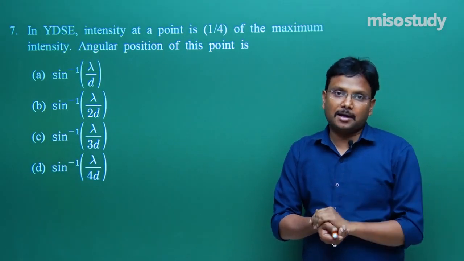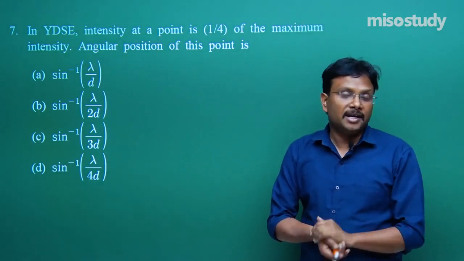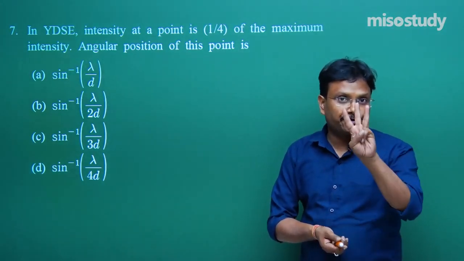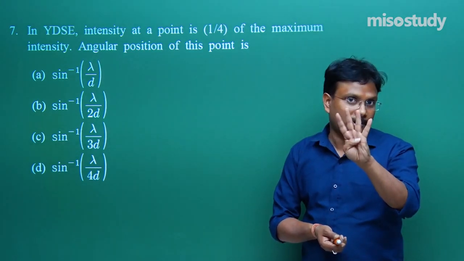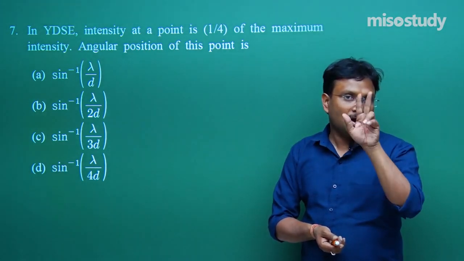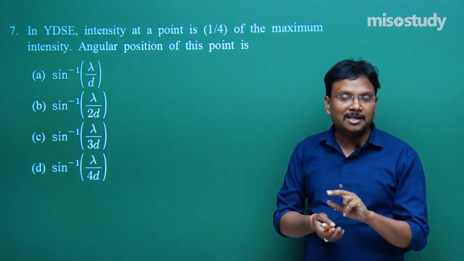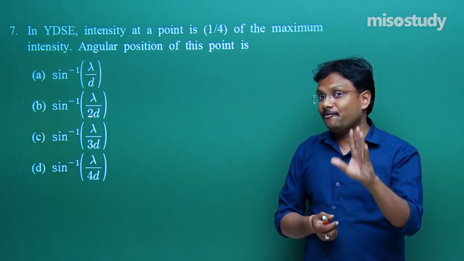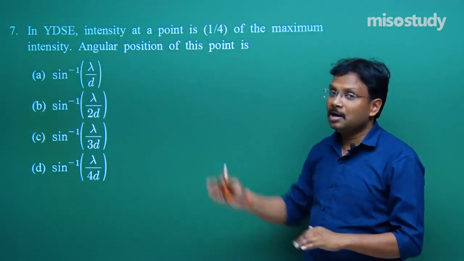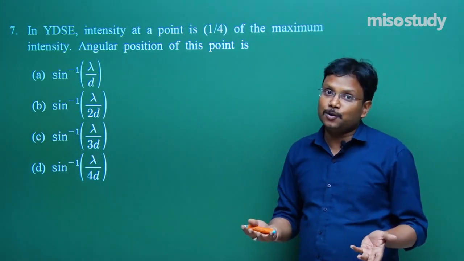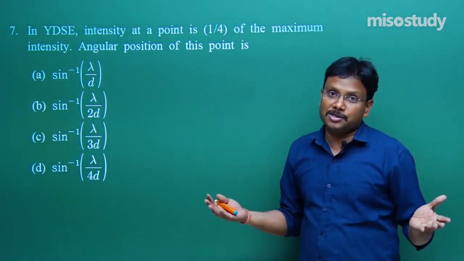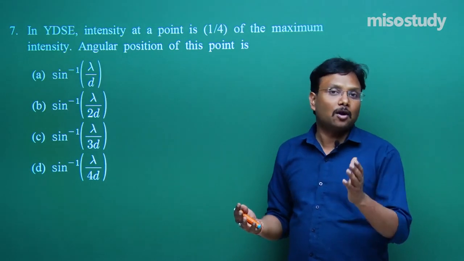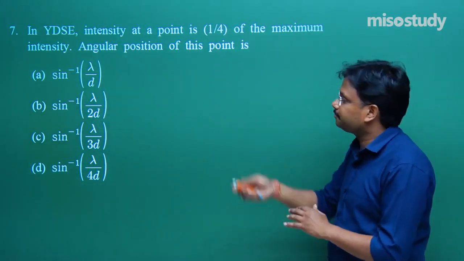Just a few days back, in the NEET entrance exam, there were 4 questions from optics: 1 polarization, 1 Young's double slit experiment, and 2 from ray optics. Imagine the situation. Whatever I tell you again and again, if you are regularly watching Misostudy videos, you will definitely get a lot of benefit.